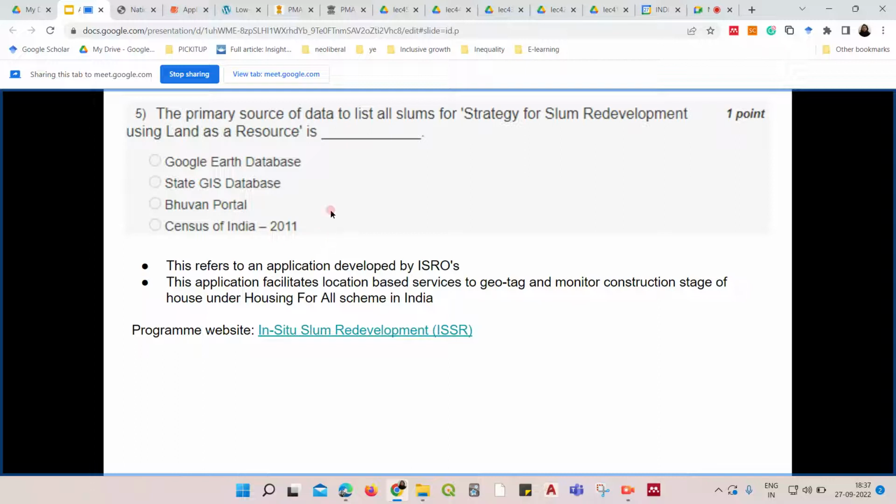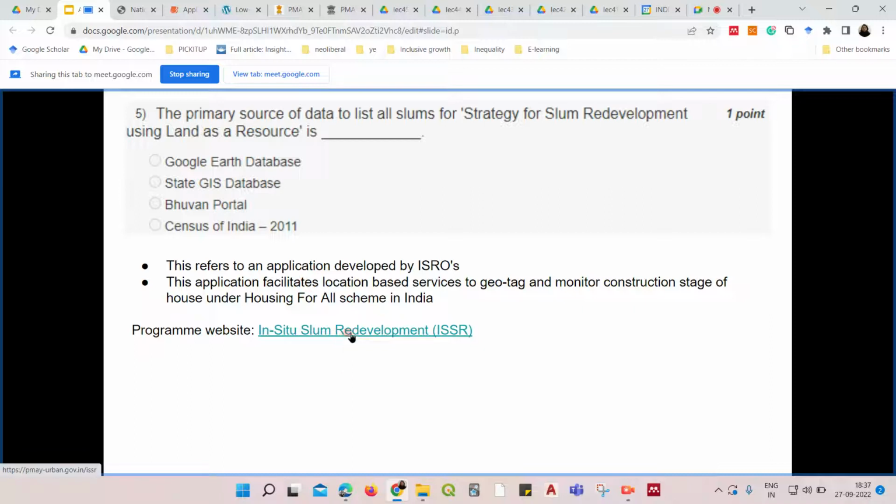So first of all, it is essential to know what kind of resource data you would need for this program. As the program is strategy for slum development using land as a resource, it is talking about in situ slum redevelopment, which we talked about earlier.